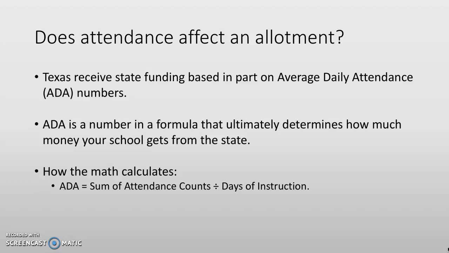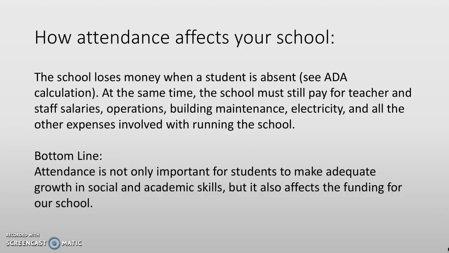Now to discuss why attendance is so important, not only for students to make adequate growth in social and academic areas, but it also has a direct impact on funding for the school. The average daily attendance rate, also known as ADA, is a formula that calculates how much money the school gets based on attendance. The school loses money when a student is absent.